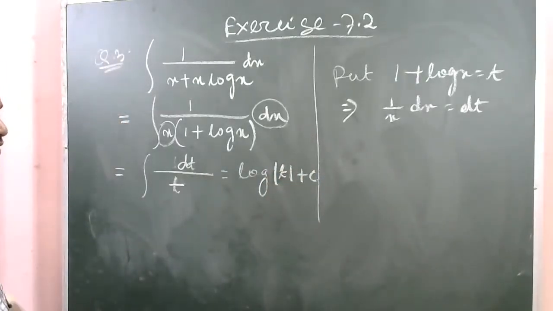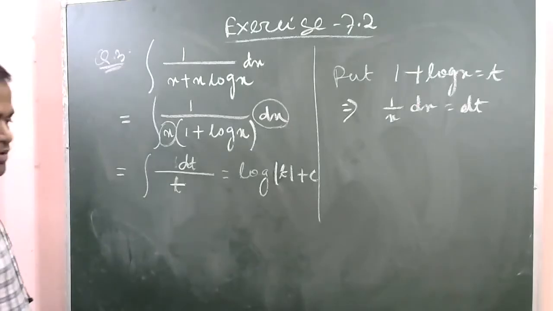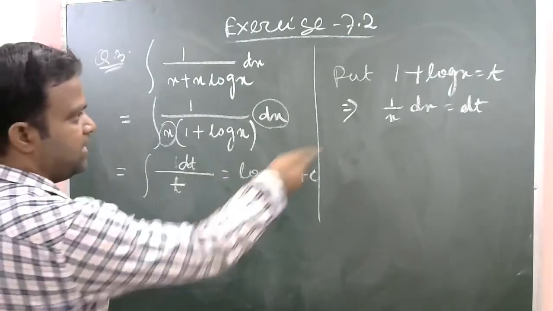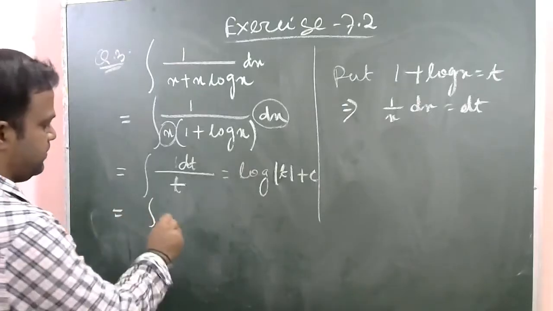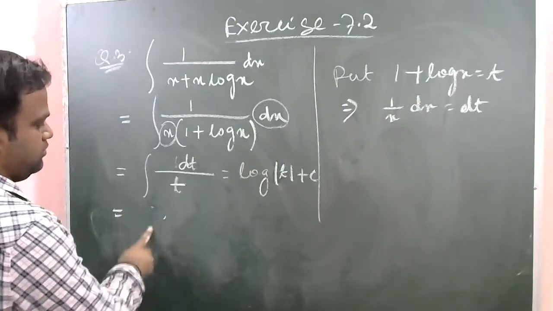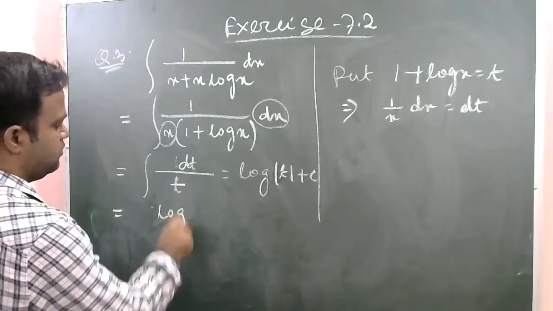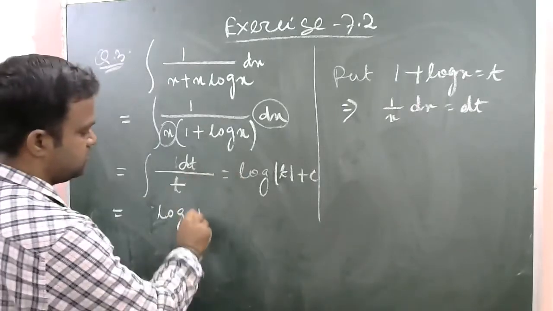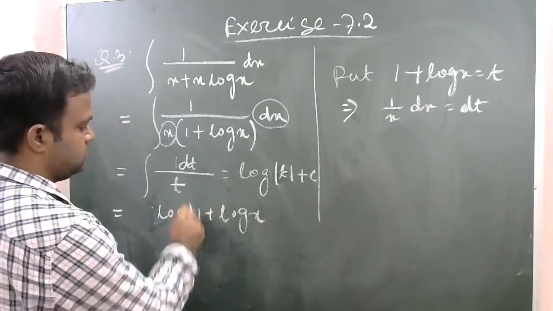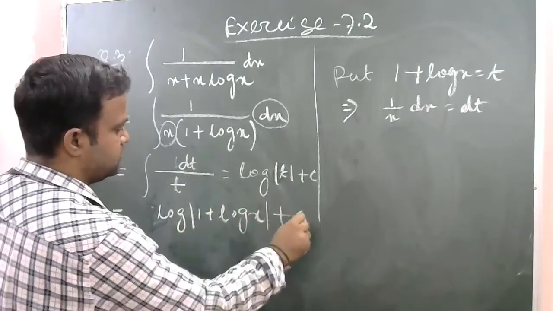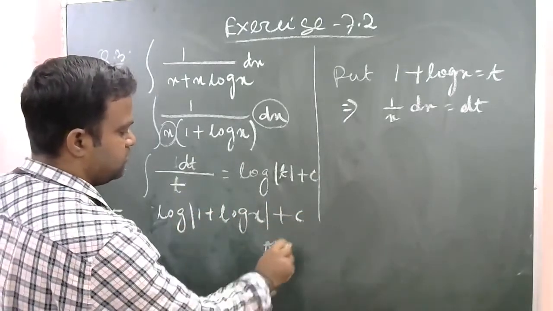Now t I have taken as 1 plus log x, so what will be there? Log t, t is 1 plus log x, plus c. So this is your answer.